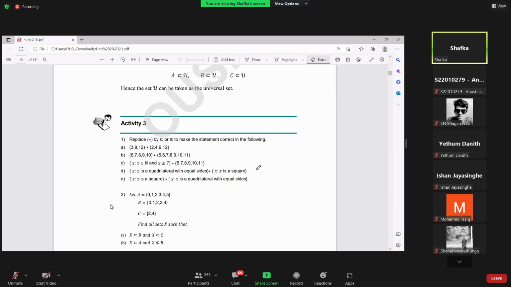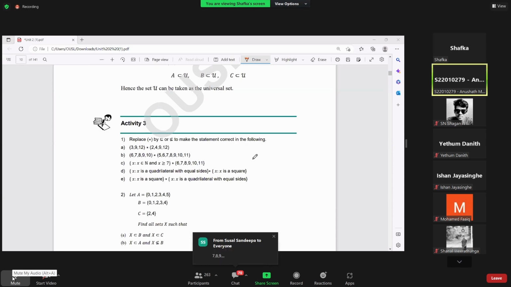So what about part C? What are the elements of this part C?